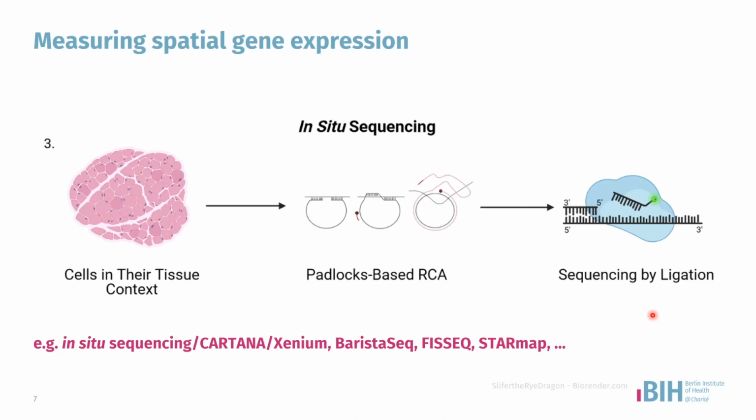Compared to in situ hybridization, in situ sequencing has a much lower detection efficiency, so it's not as sensitive. But if you remember, one of the issues with in situ hybridization is that it can be too sensitive, leading to overcrowding. So one of the benefits of ISS is that you have much less overcrowding problems, so you can actually sequence much larger areas without overcrowding.